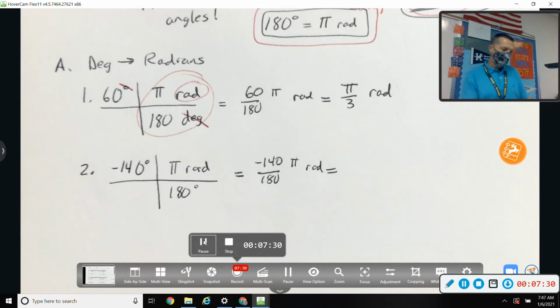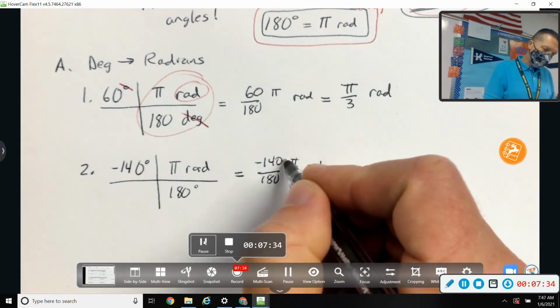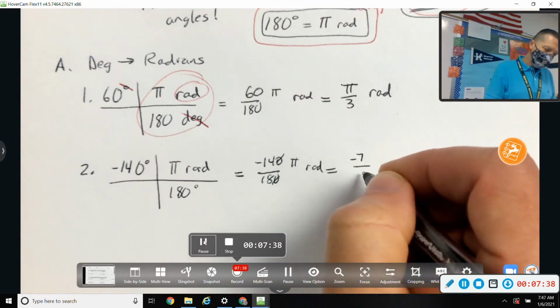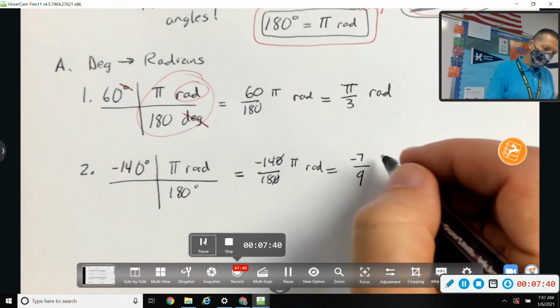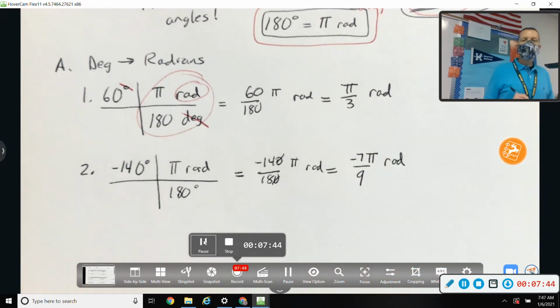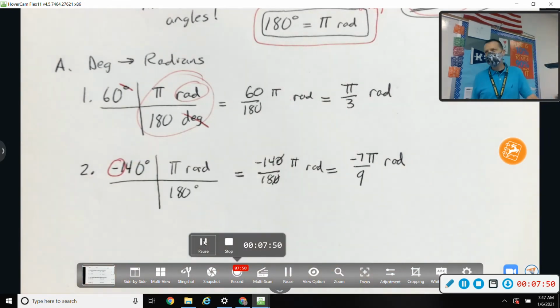You're left with radians. 140 over 180, the zeros will cancel, would be negative 7 over 9, because they'll both divide by 2. Pi's still there. We're in radians. Don't forget the negative sign. That's a common mistake on these, just because you get so involved in how do I convert it, how do I reduce it, make the units work, and then you forgot the negative. So be careful on those.